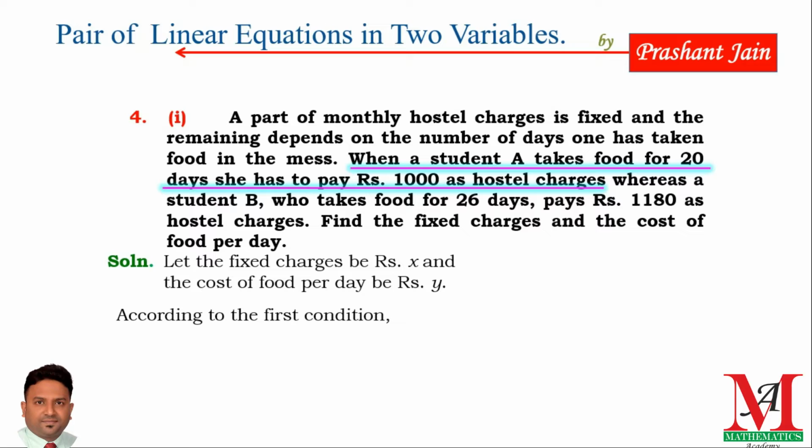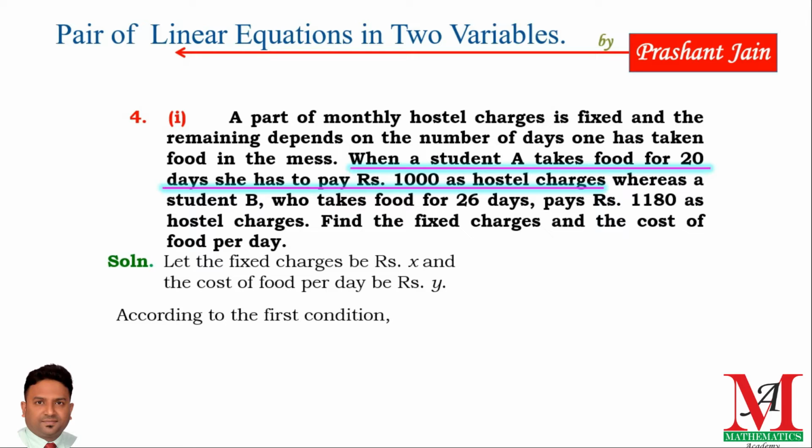According to the first condition that is highlighted, you can read that a student takes food for 20 days. She has to pay rupees 1000 as hostel charges. In this 1000 rupees, there is the fixed charge as well as the cost of food per day.